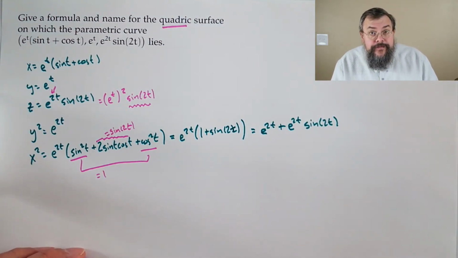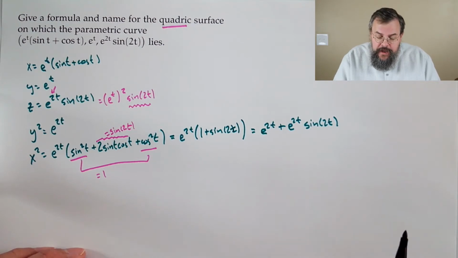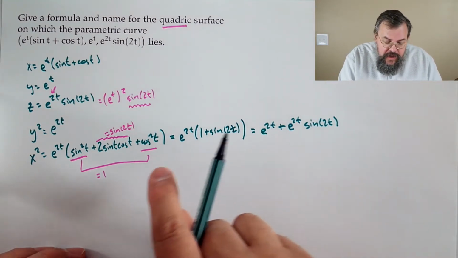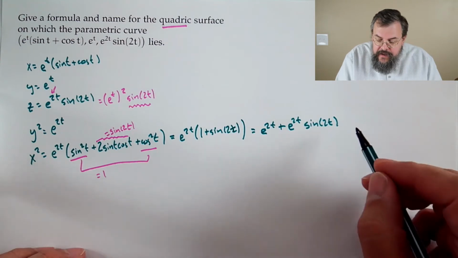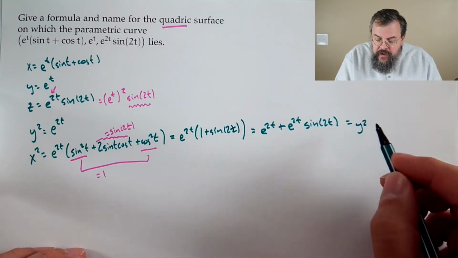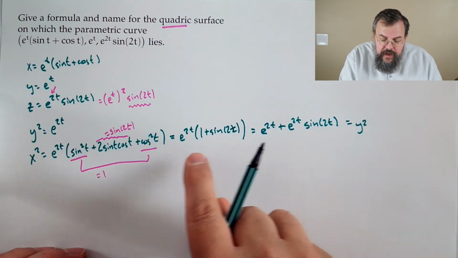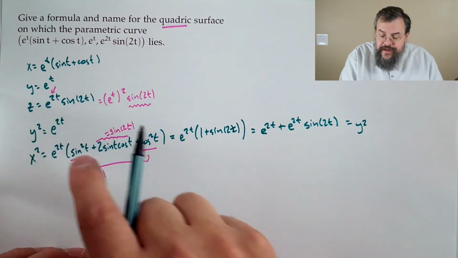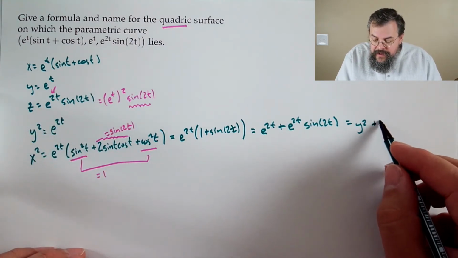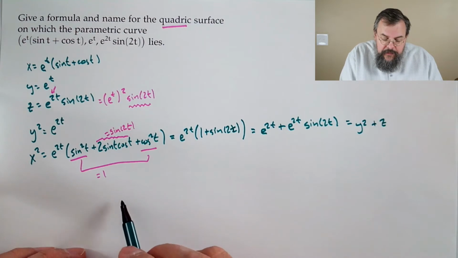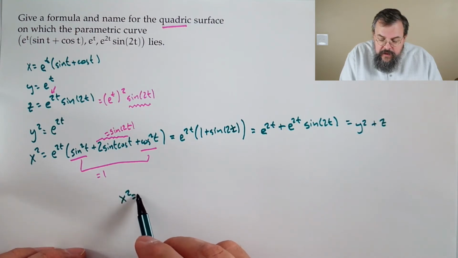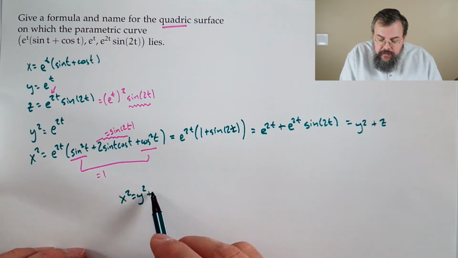Well, now what? We say, well, wait. e to the 2t, that's y squared. What about e to the 2t sine 2t? That's z. So we see that x squared is equal to y squared plus z.